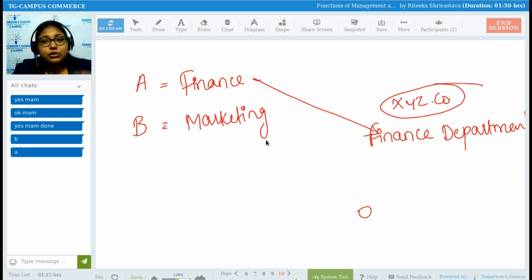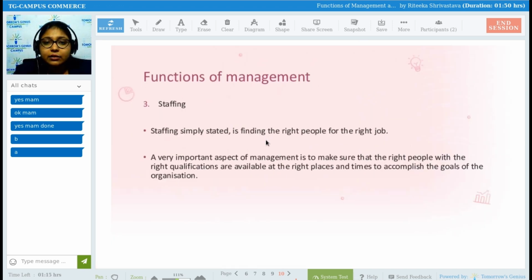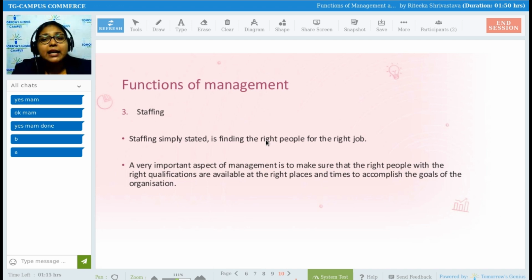So the right position is A's position. That is what staffing does. Staffing gives the right person the right type of job. So staffing, simply stated, is finding the right people for the right job.